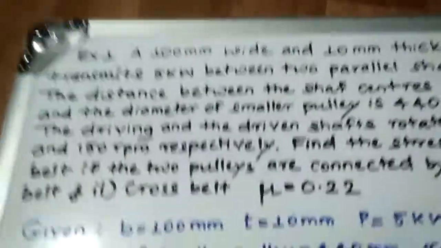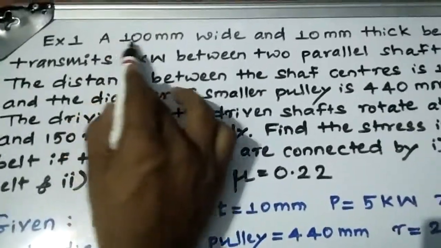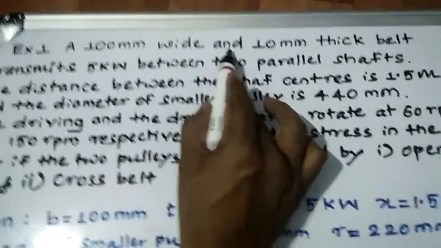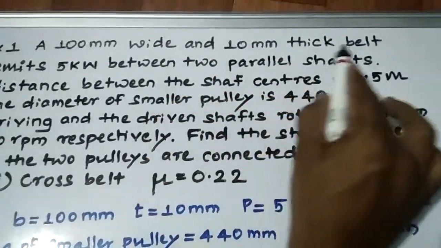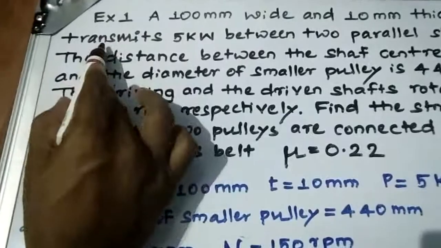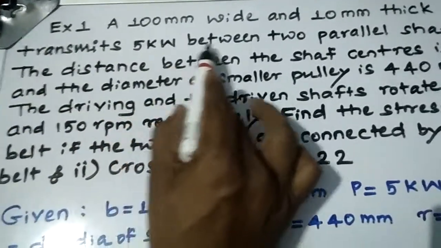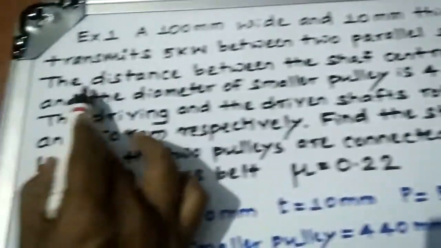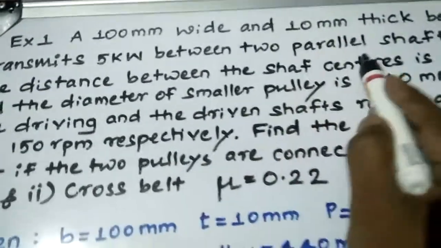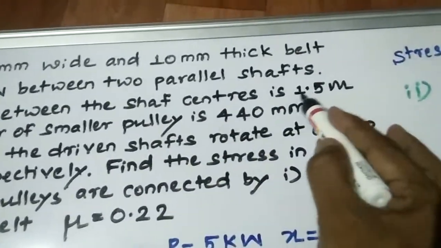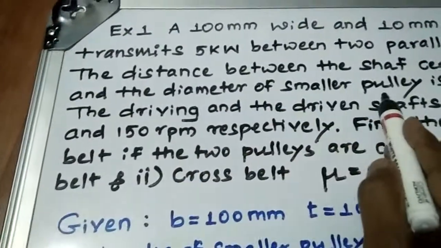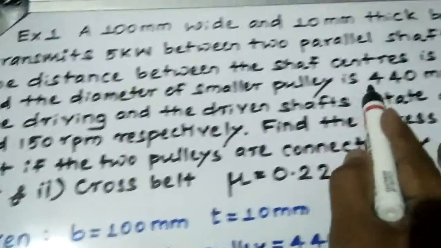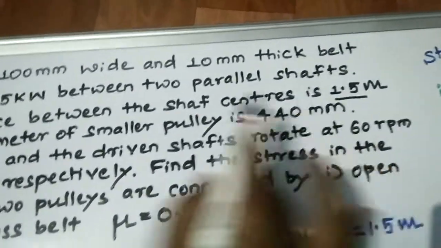A 100 mm wide and 10 mm thick belt transmits 5 kilowatt between two parallel shafts. The distance between the shaft centers is 1.5 meter and the diameter of the smaller pulley is 440 mm.